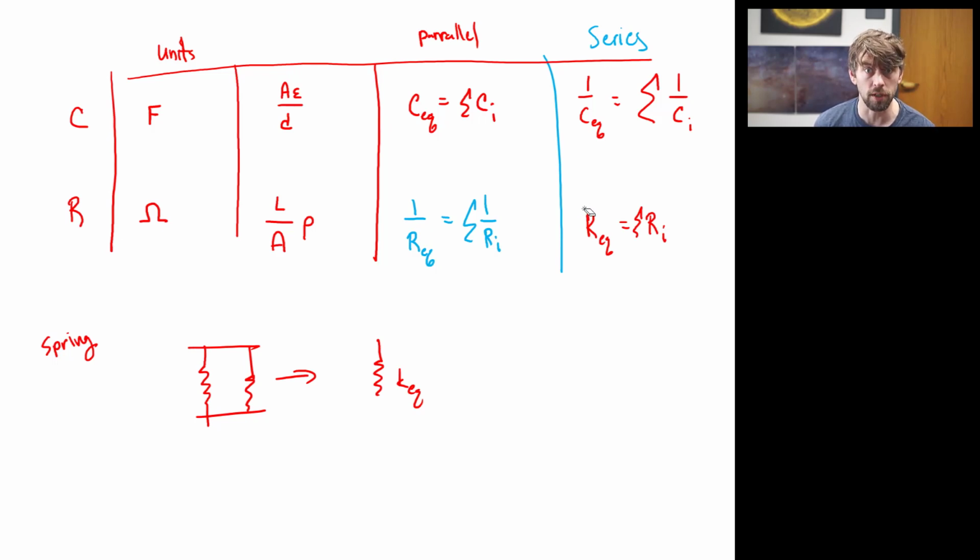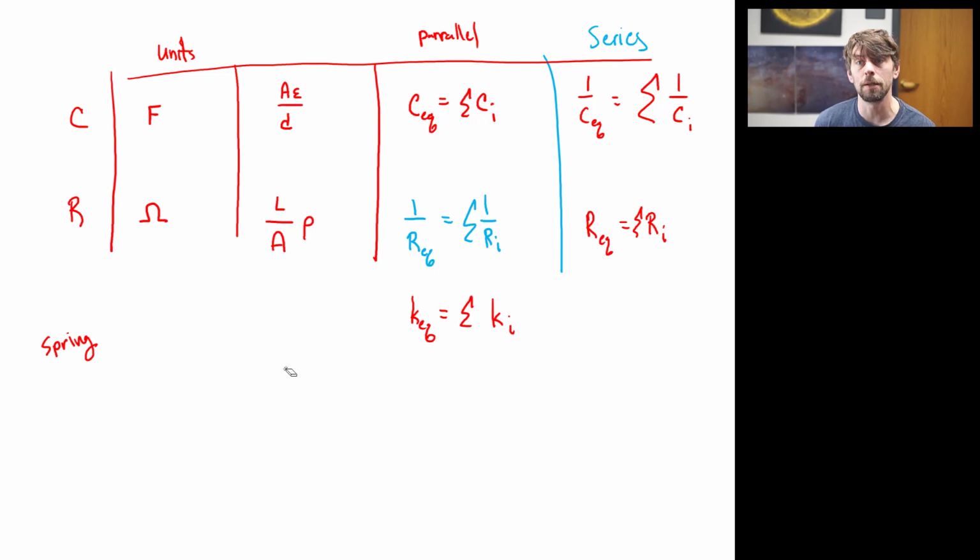It turns out that the equivalent stiffness of a spring in parallel ends up being the sum of the individual stiffnesses. And indeed, if you put springs in series, the equivalent stiffness actually decreases.